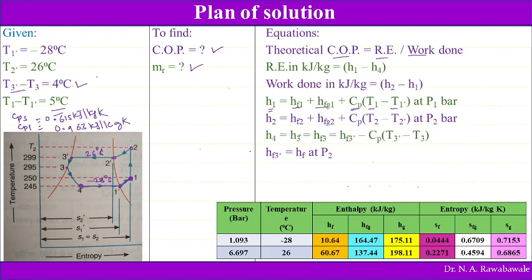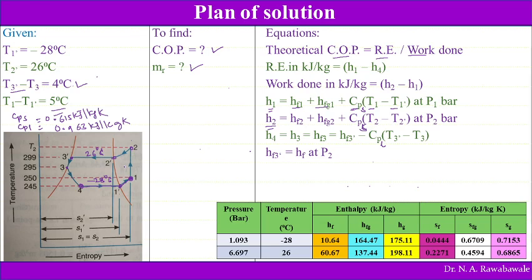So now H2 can be obtained. Here we take Cps for vapor and Cpl for liquid. So H2, enthalpy at point 2, is equal to HF2 plus HFG2 plus Cps into T2 minus T2 dash. Here we know the difference between T2 and T2 dash.